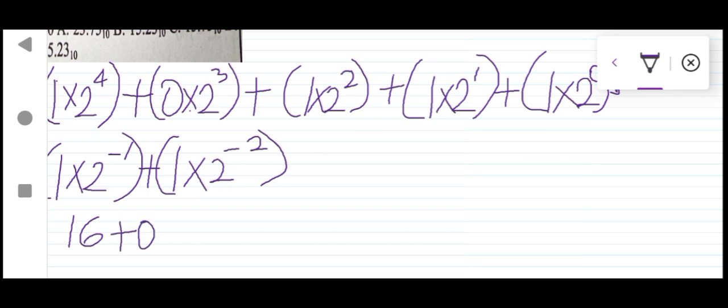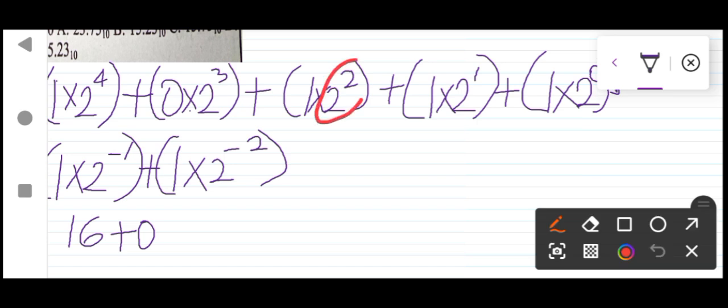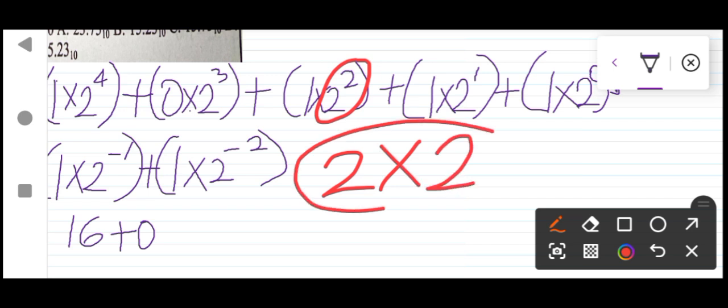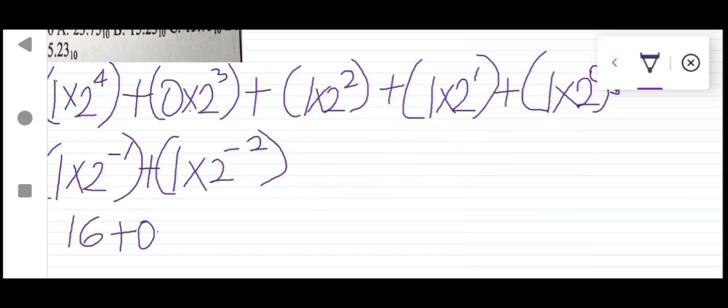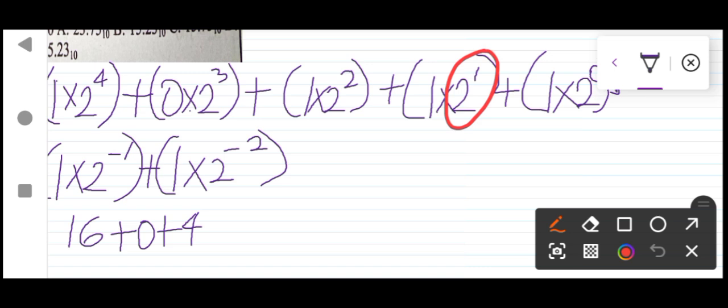Let's go for the next, which is 2 raised to power 2, and you agree with me that this would give us 4, right? Then multiply that with 1, and 4 times 1 still gives 4. We have plus 4. And the next value is 2 power 1. Now take note, any value raised to power 1 still remains that number. So 2 power 1 is 2.